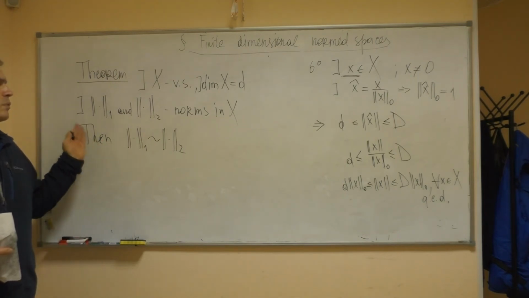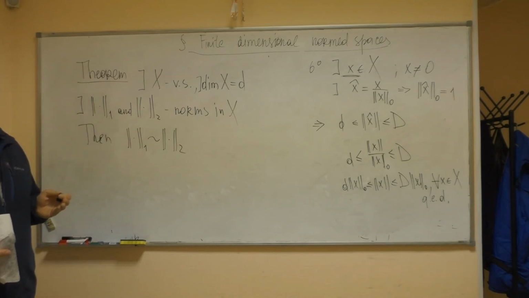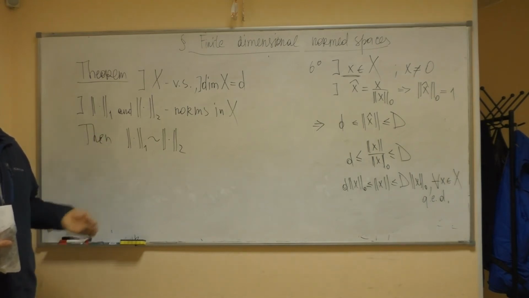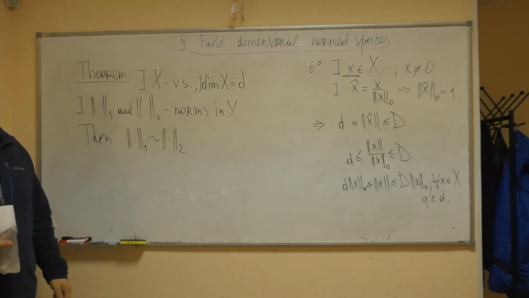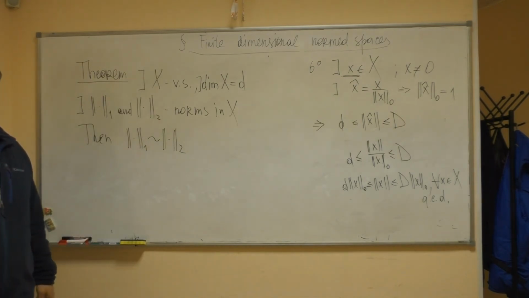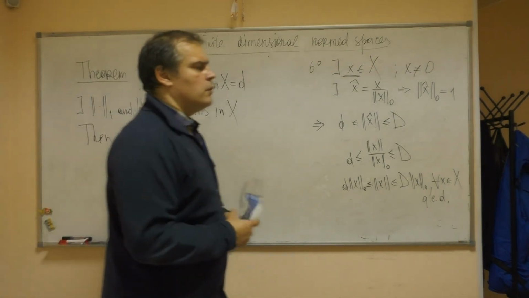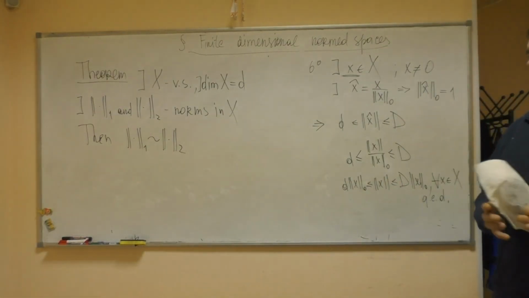So this theorem says that it doesn't matter what norm is defined in a finite dimensional space, all properties of the space will be the same. So you can take whatever you like just to satisfy the axioms of norm. Very useful fact.